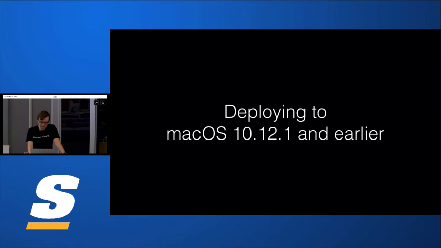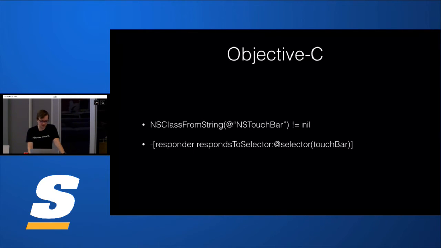In Objective-C, it's not really a big deal because you're generally going to do a check for the class from string to see that it exists, or check whether your responder class responds to the selector touchBar, and that was usually the guidance that you should be following anyway.